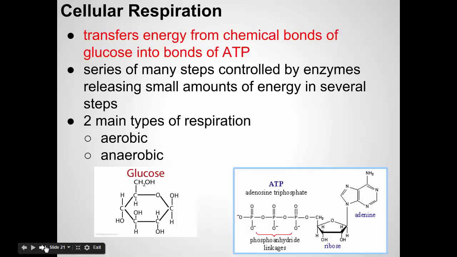So you can think about cellular respiration as transferring energy from chemical bonds in glucose into chemical bonds in another molecule, ATP. And those bonds storing energy of ATP are what the cells actually use.